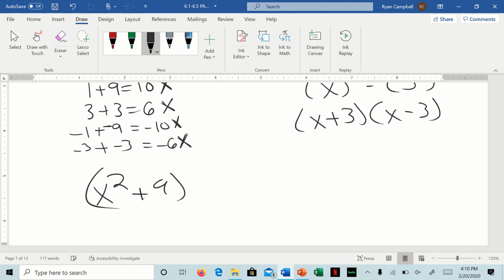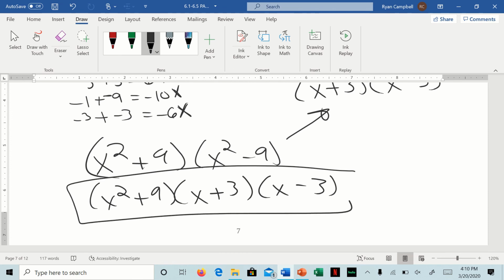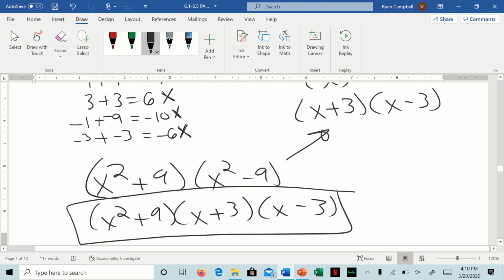That was prime. And then the x squared minus 9 turned into this. So we can substitute that out. So we get x squared plus 9, and then x plus 3, x minus 3. And that can't simplify anymore.